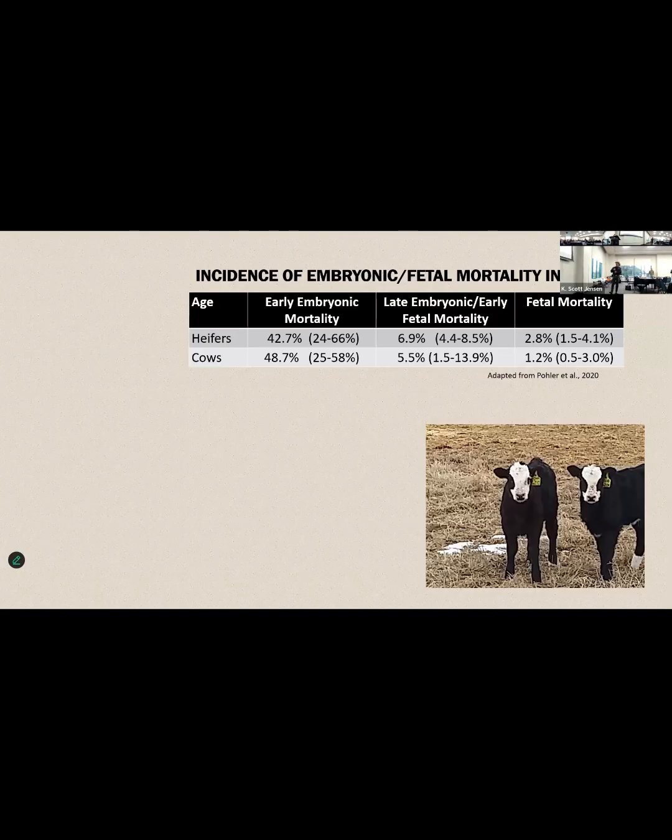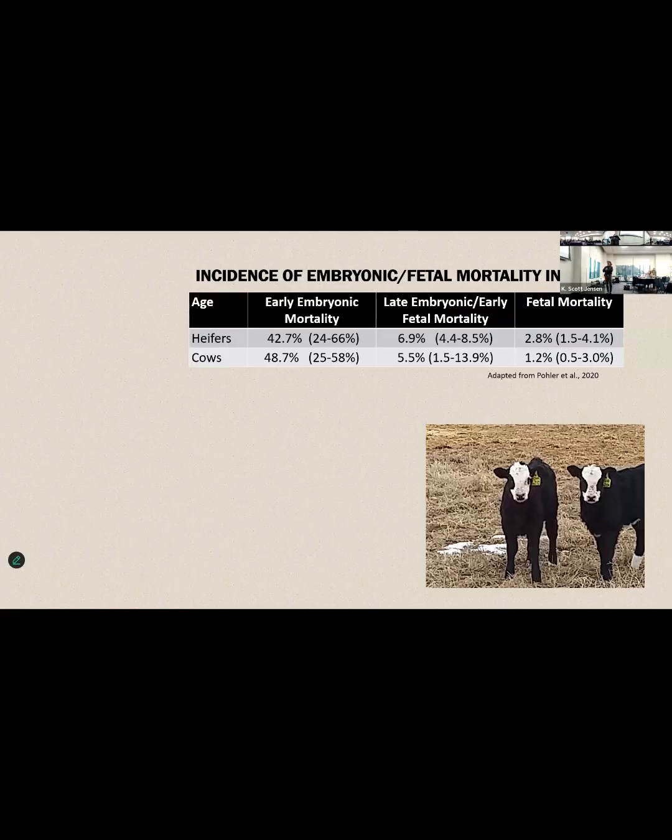Again, a pretty good range. And the ones we get all crazy about is really only about 1.2%, somewhere as high as 3%. But if you start seeing over 2% loss from the time you preg check to when those cows calve, then you need to start talking to your veterinarian and trying to figure out some things to do.